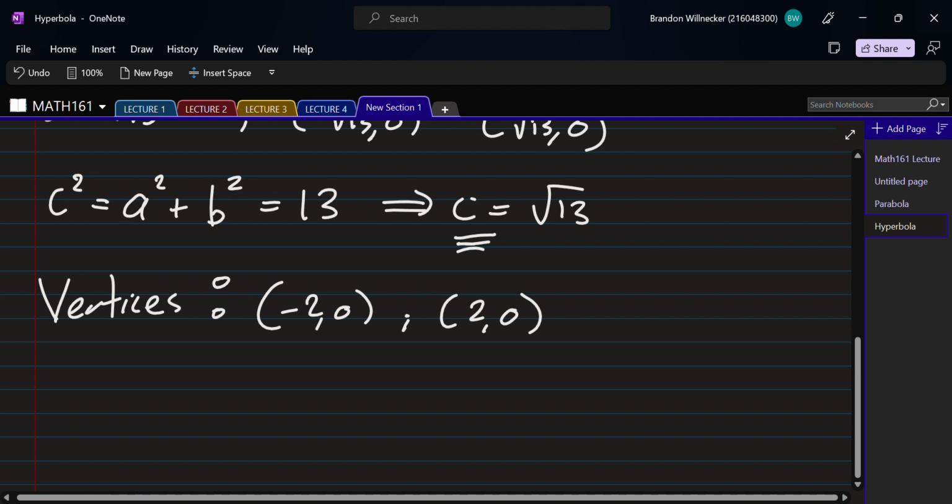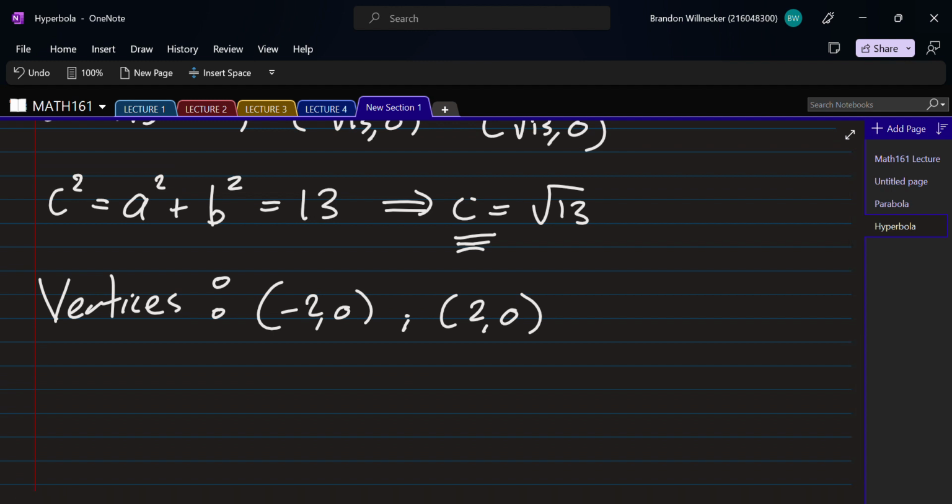And then the last thing for hyperbolas in particular are the asymptotes. If you're unfamiliar with the asymptotes, please go through the notes that are posted on the Learn page. But just briefly, if you forget the formula for the asymptotes, you can use this calculation to quickly figure out what they are.